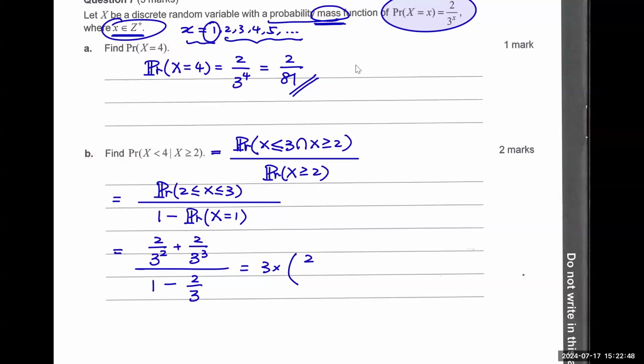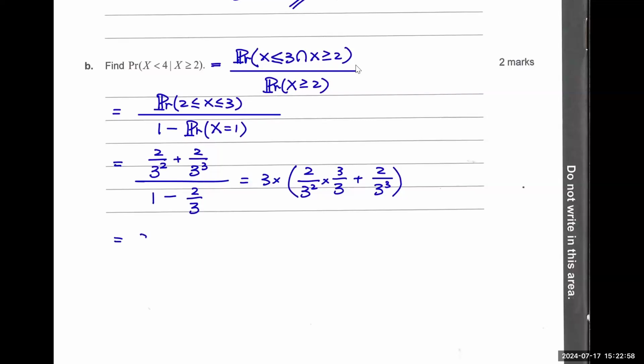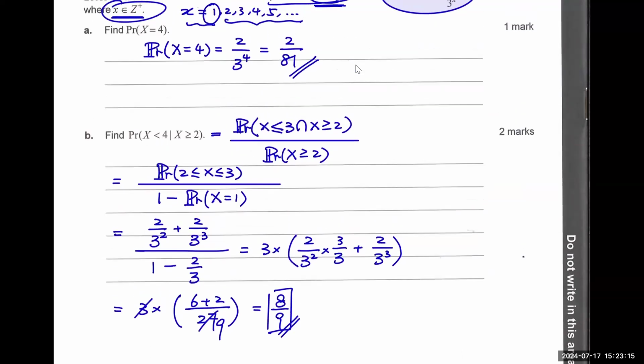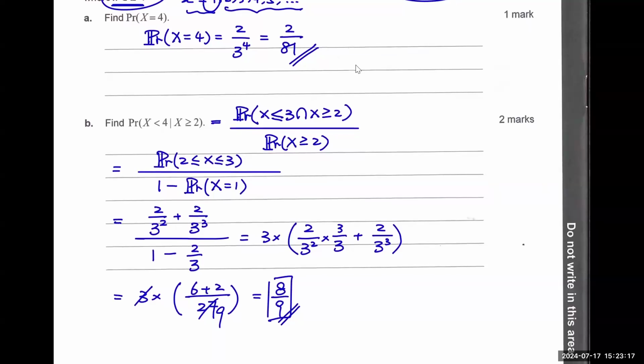And then we can just combine the denominators. Three times, let's say a 6 here plus 2 here divided by 27 here. So my answer should be 8 over 9, okay? 8 over 9 should be a very simple fraction.